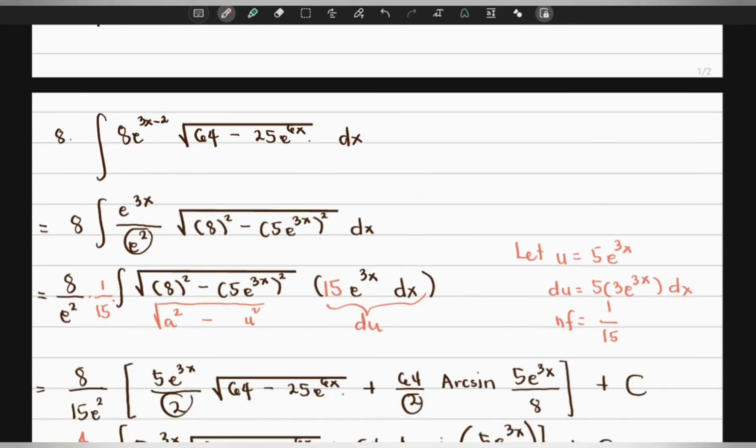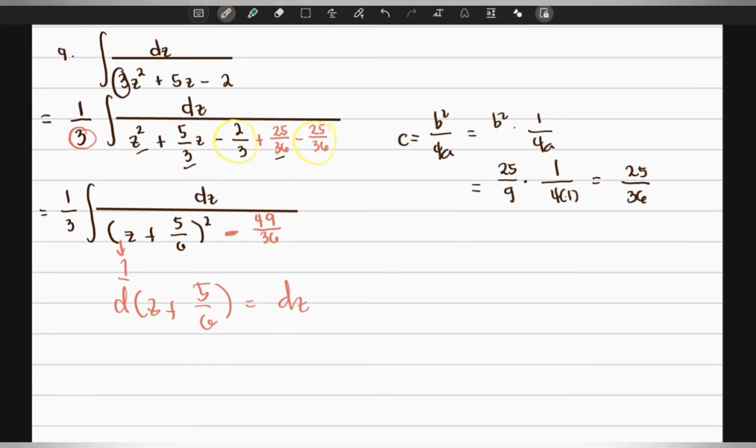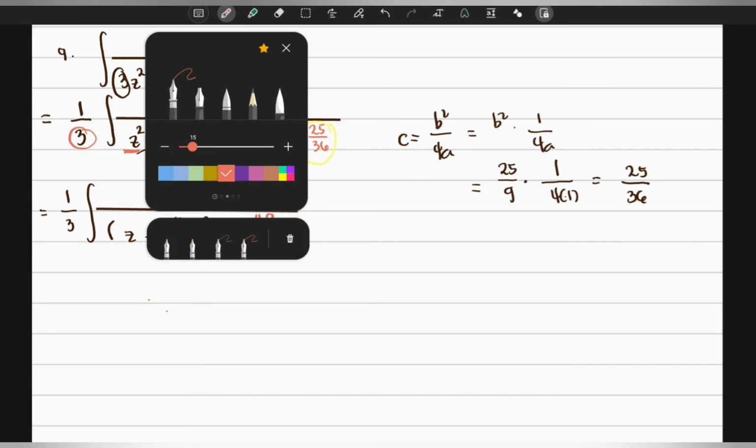Okay. Yun guys yung advantage ng pag-simplify ng given at yung gagawin mong positive 1 yung coefficient ng quadratic term. Sana guys naintindihan nyo yun.